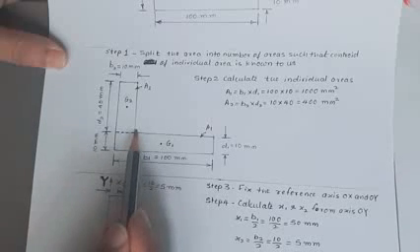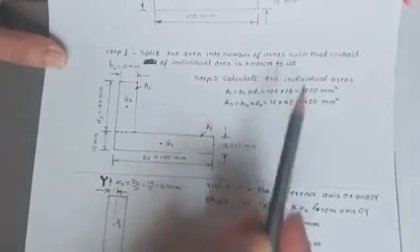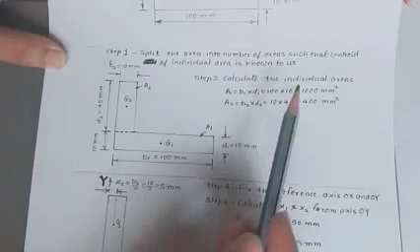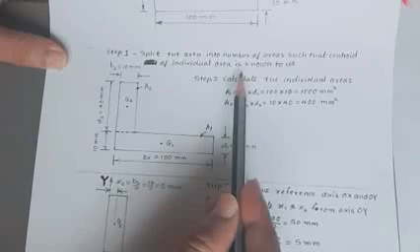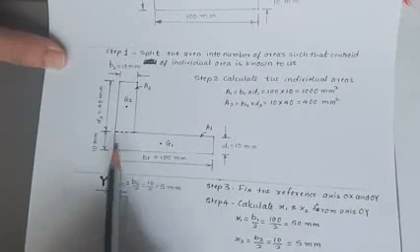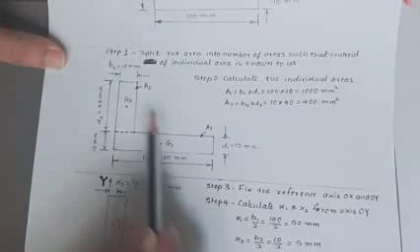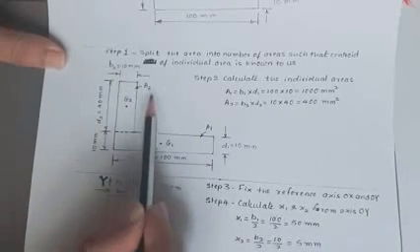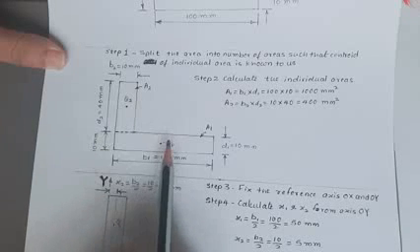We split the area into a number of areas such that the centroid of each individual area is known to us. So here I have done the splitting. The bottom horizontal rectangle is called A1 and the top vertical rectangle I call A2. The centroid of A2 is G2 and the centroid of area 1 is G1.